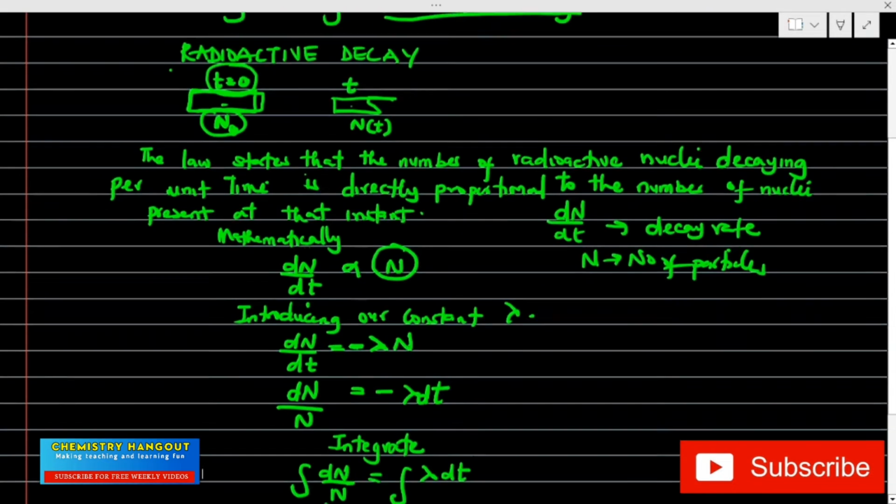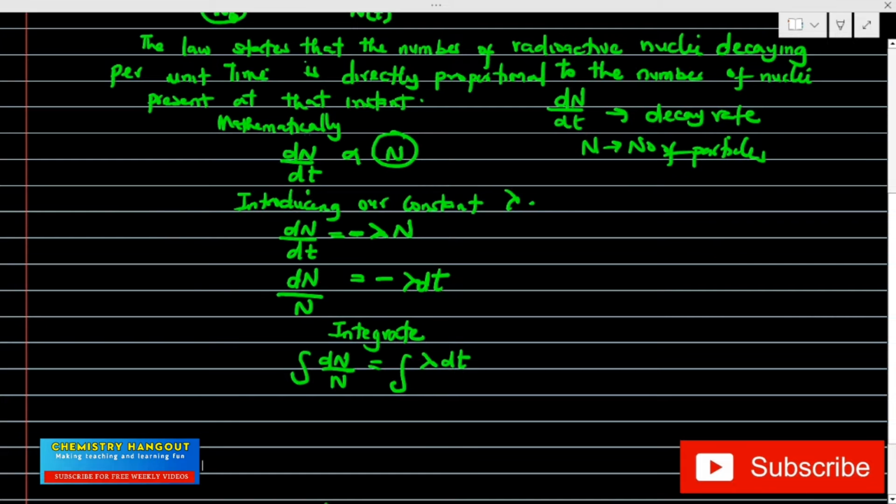So the limit is from N naught to N, then from time t, which is 0, to t. If you look at this integral, this is talking about the t and this is talking about the N. My N naught is the initial amount. So the integral is N naught, the initial amount, breaking down to N, the final amount after breaking down, starting from t naught to a time t.